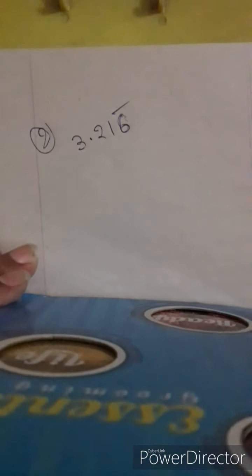So I'll show you another problem regarding this same concept. I hope then it will be very much clear to you. So we have to convert, taking the second one, 3.216 bar. All right, mind that it is 6 bar, not 216 bar.